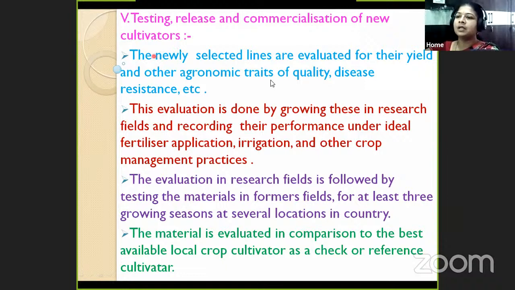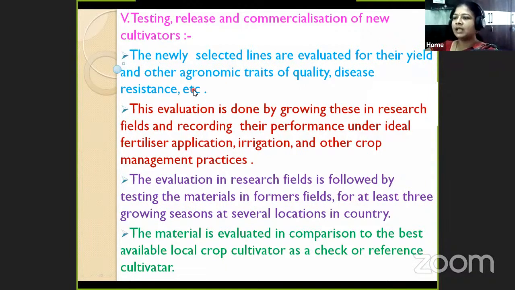In this last step, the newly selected pure lines or hybrids are evaluated for their yield and some other agronomic traits like quality, disease resistance, etc.